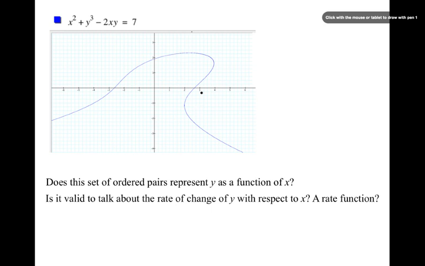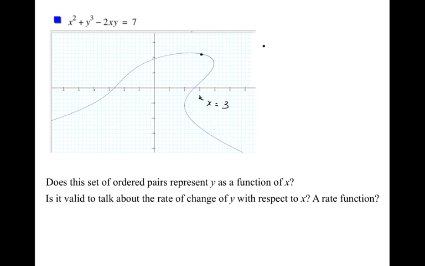Okay, so for x equals 3, is there a particular rate of change? There's 3 of them, right? But now what if I said this point? If I just said, I care about the rate of change at that point, can you tell me? Or could we figure it out? Yeah. So we can have a rate function. It just can't be a rate function as a function of x, right?